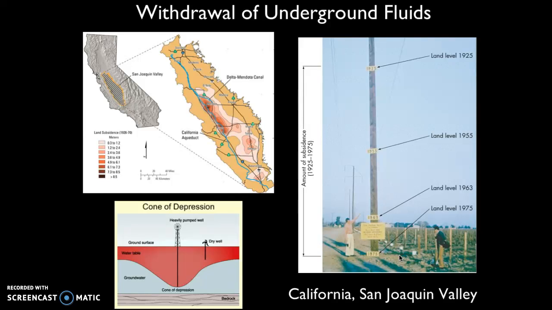So that is one of the drawbacks of removing groundwater at such a high rate as they did in the San Joaquin Valley. So your lab actually is an exercise based on this. So you'll see a lot of graphs and useful information on it later.